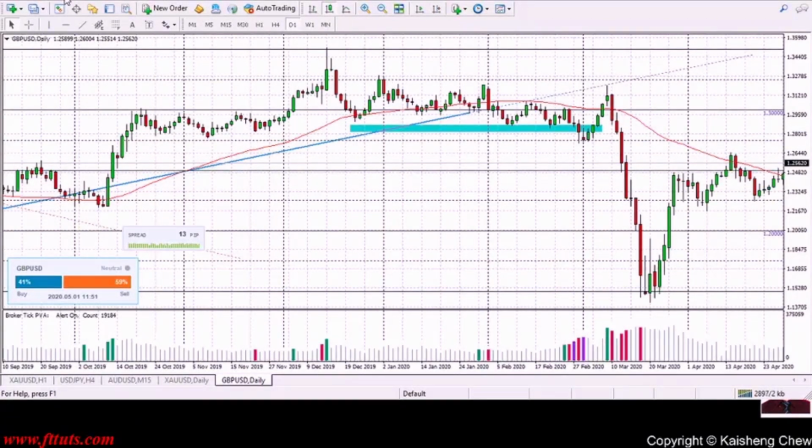So when the price moves up, a lot of people jump in. Then the price moves up, then down again, and in the end becomes a range, right? So what phase is this?